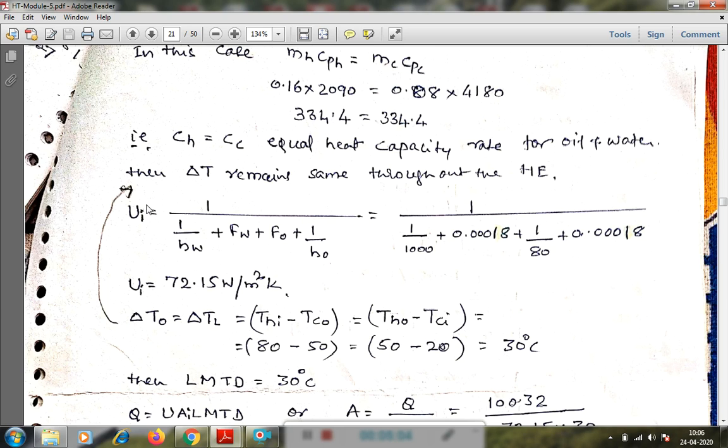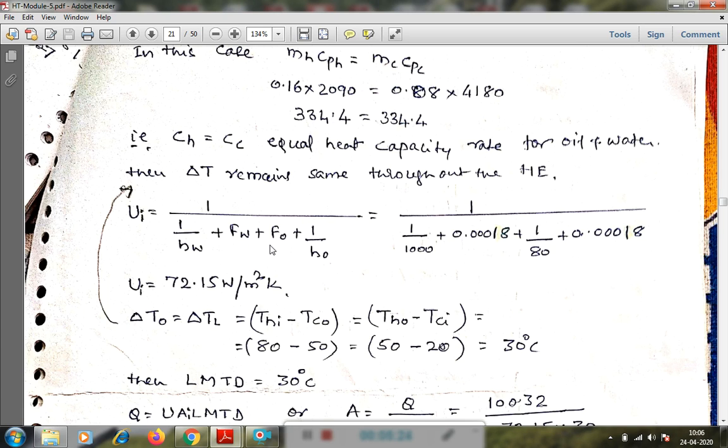Then overall heat transfer coefficient based on the inside surface area we will take. Because the inside diameter we know, the Ai also we can have from that. That's why 1 by Ui is equal to 1 by hw plus directly whatever the fouling factors are there, those are to be added.